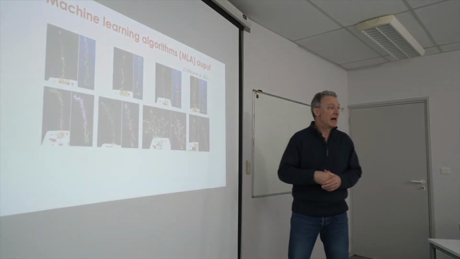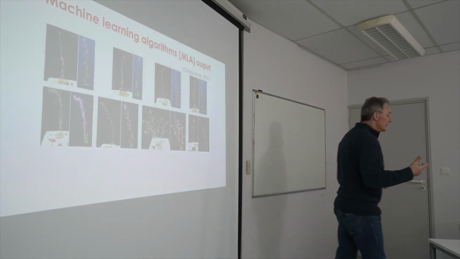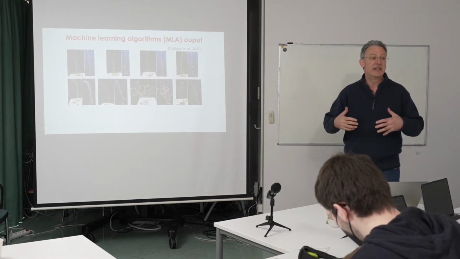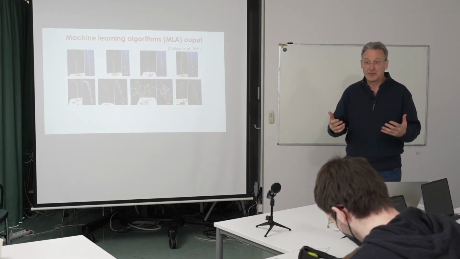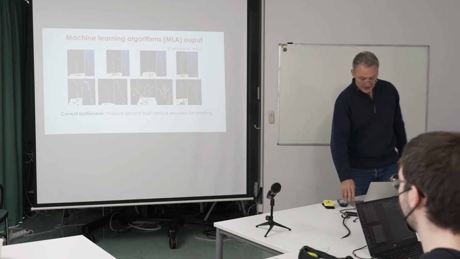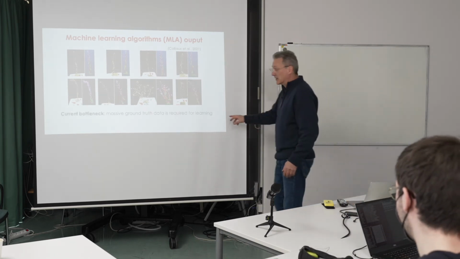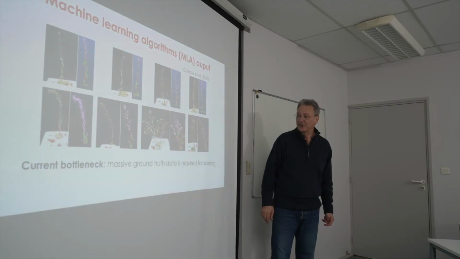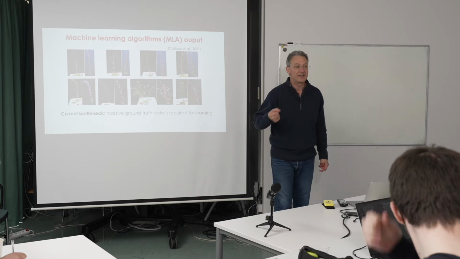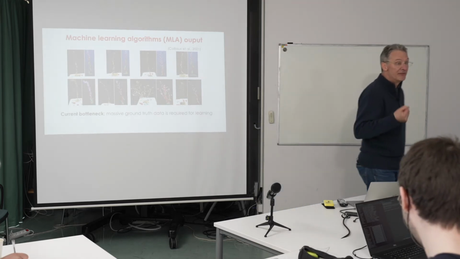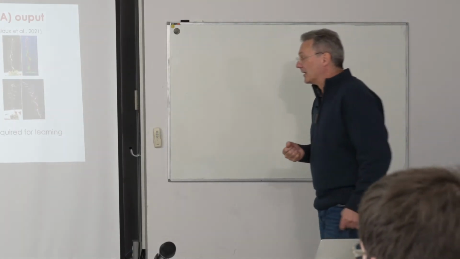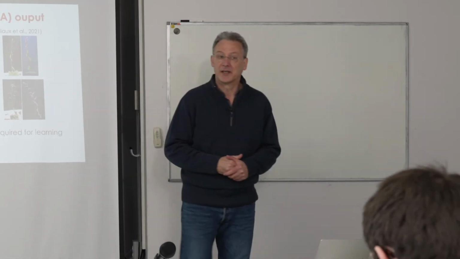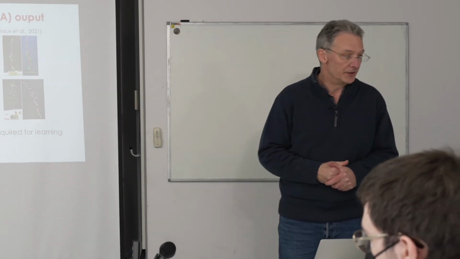And the question is how to make it possible, because if you want to scale up the system, you need to get even more data. And this is already extremely massive data. So this is the current bottleneck where we are. We need absolutely massive ground truth data if we want to train these new families of algorithms to produce these 3D structures and segment it in the correct botanical way.